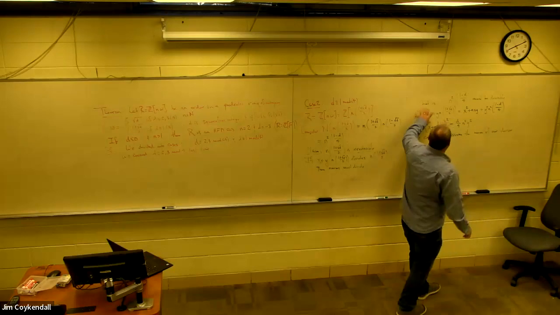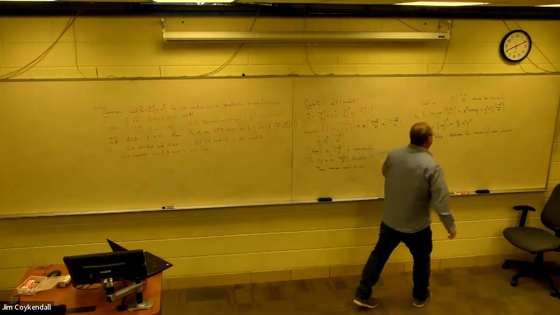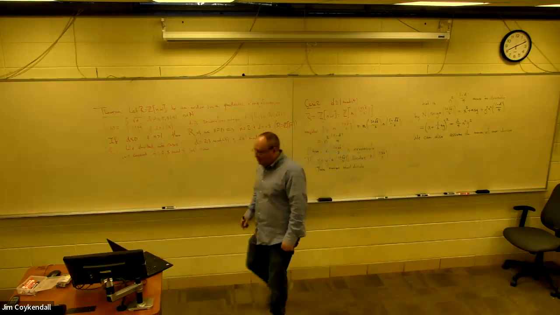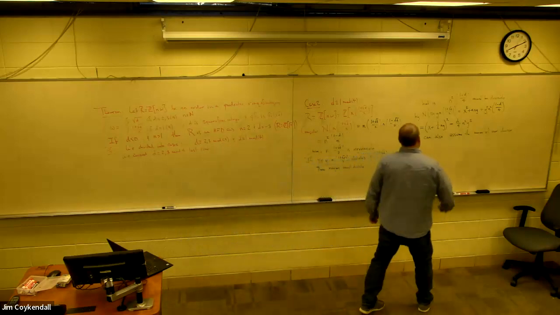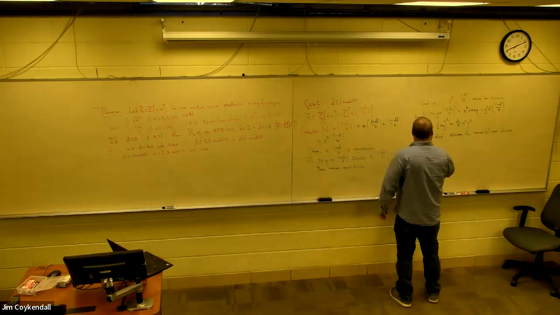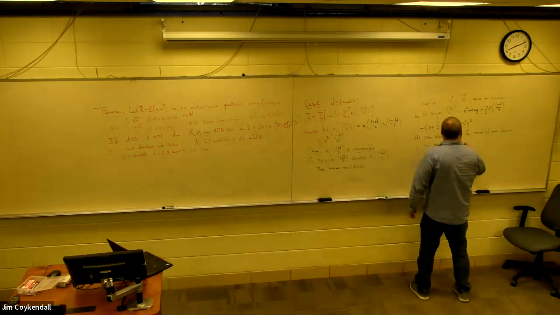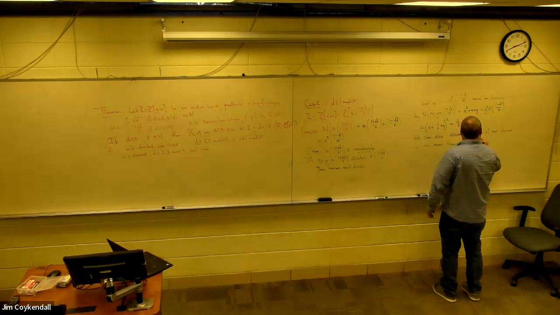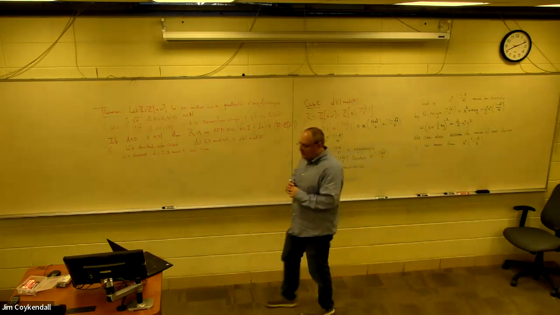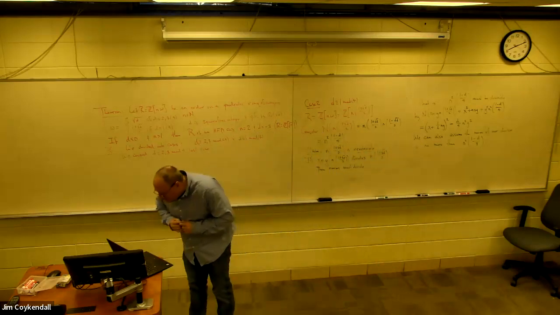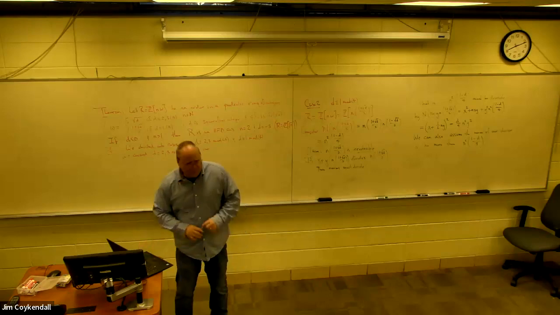So if this thing actually divides what I claim is irreducible here, we can assume that the norm of our divisor is no more than that. Can anybody explain why?